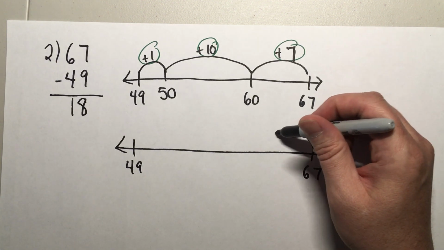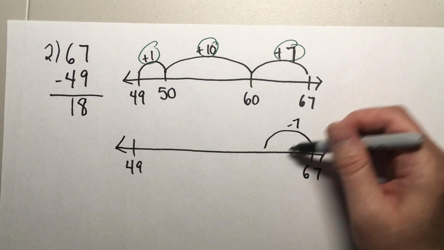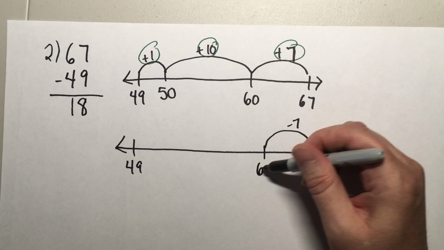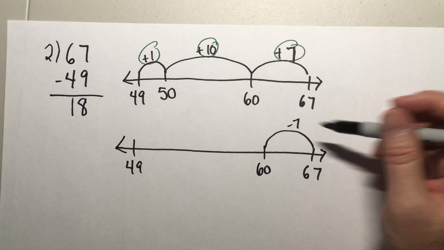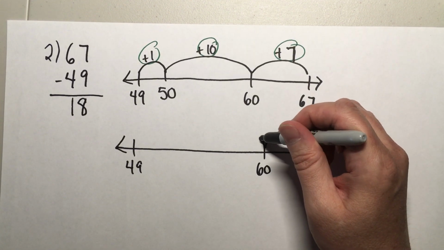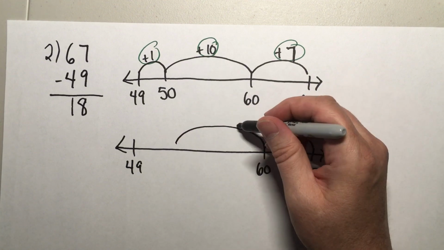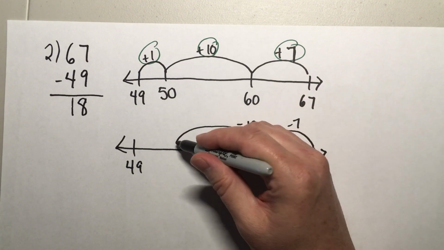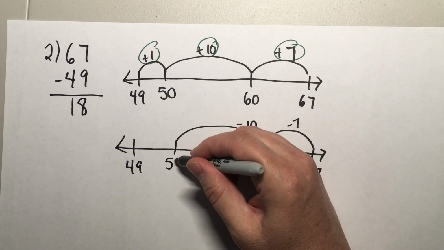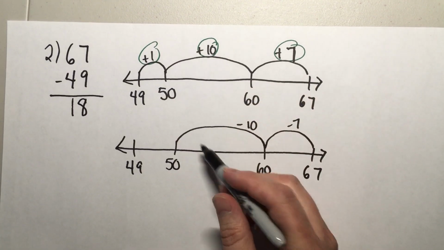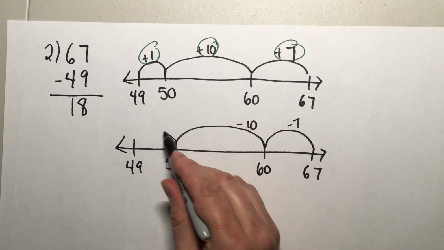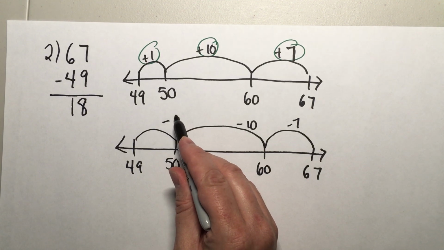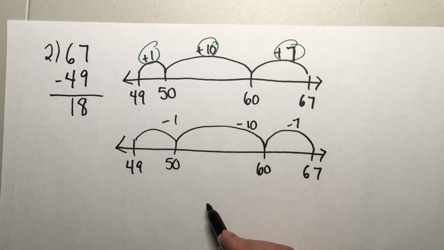So a lot of them would just take away 7 right away to get to 60. It's a clever way to do that. Then they might even tell you, take another 10 to get to 50 now. And then go ahead and take another 1. Take a 1 away to get to 49.